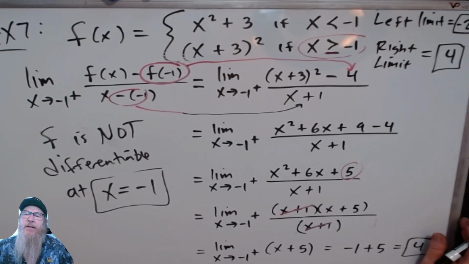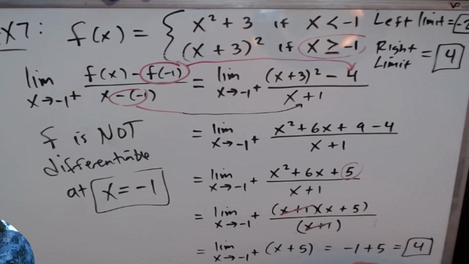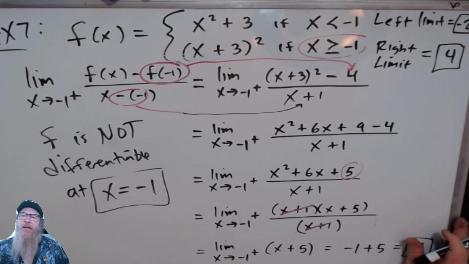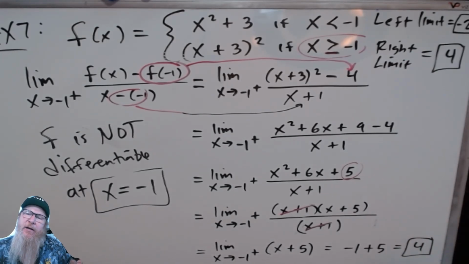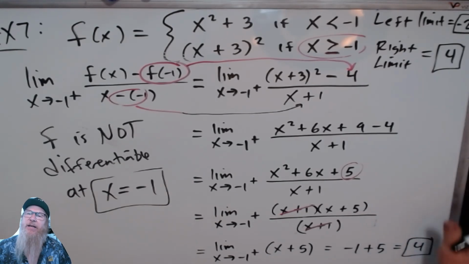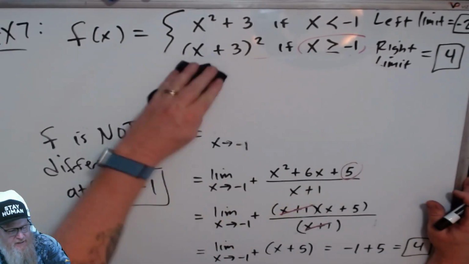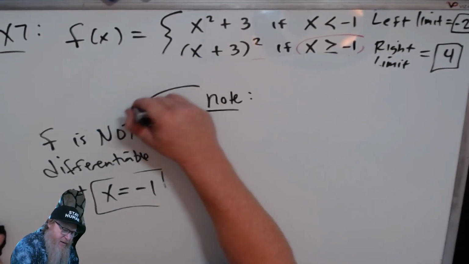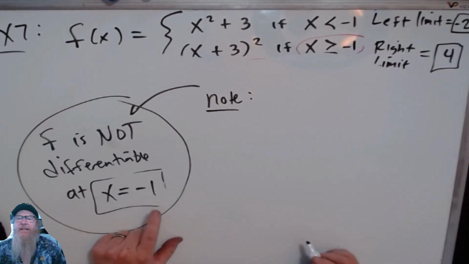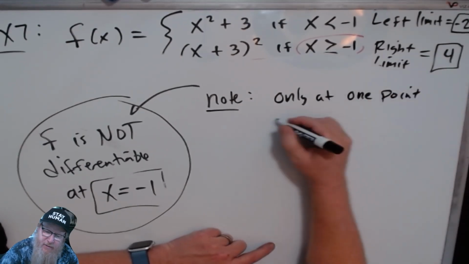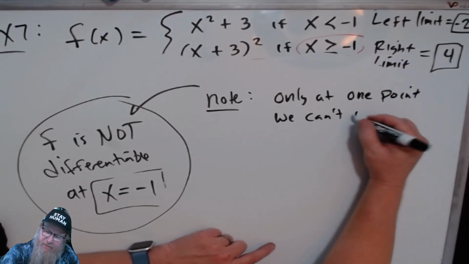So that part's done. The last thing that we're going to do in overtime now is finding the derivative when something is not differentiable at a point. Which sounds weird, right? Why would you find a derivative if it's not differentiable? So before I erase this, I'm just going to make a note. It's only at this one point we cannot find the derivative.